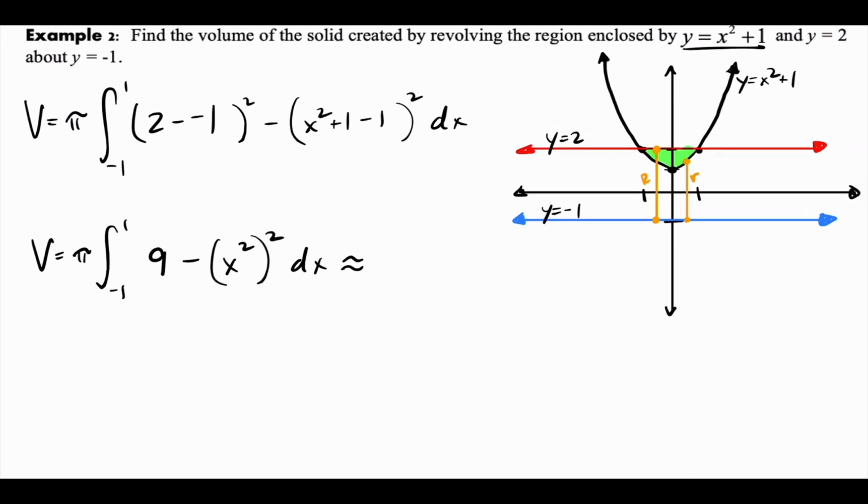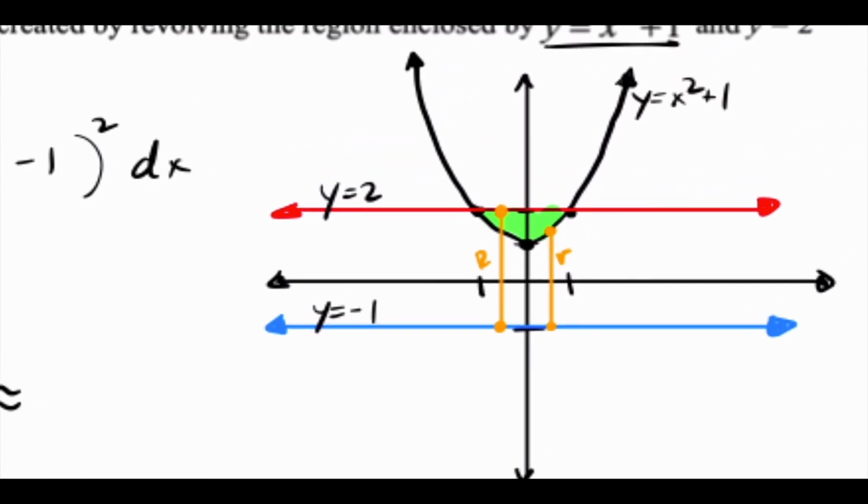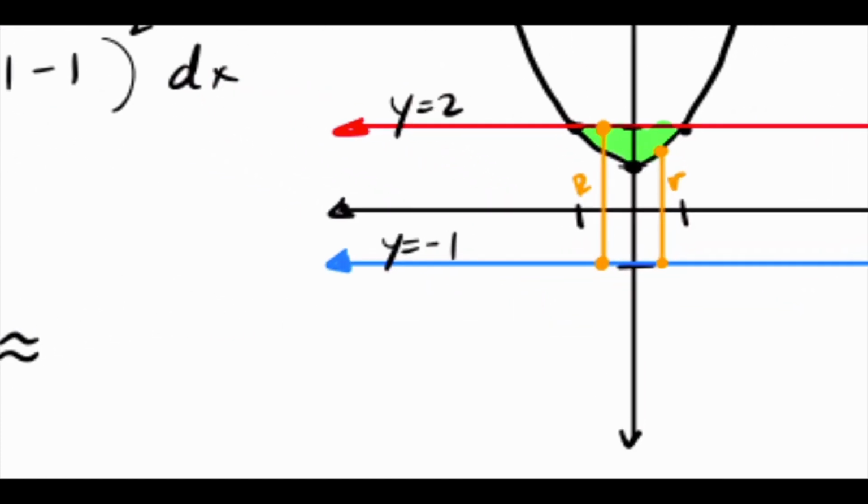Okay, so the 2 graphs that are bounded are the same, but the axis of revolution is different. It went down, so it's farther away. So it's not going to be exactly the same.